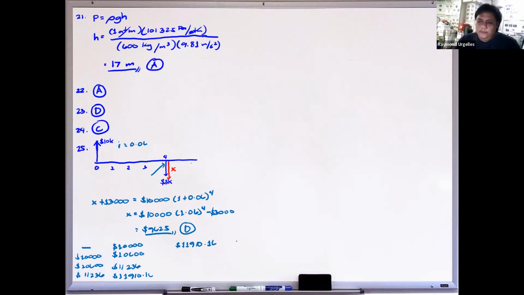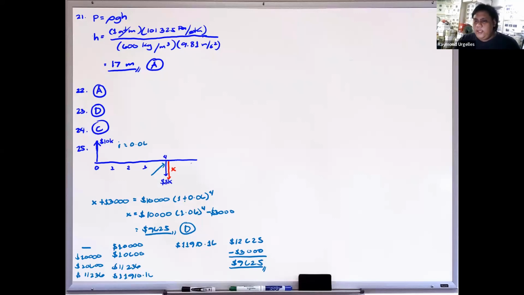So we multiply this by 1.06, and we get $12,625. Then we subtract the 3,000 we paid at the end of the 4th year, so we have $9,625. This is the same as what comes out of our equation.